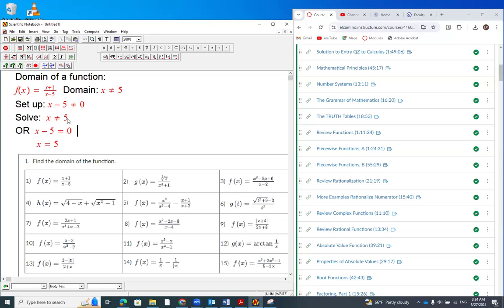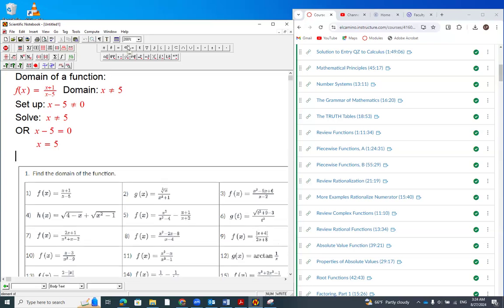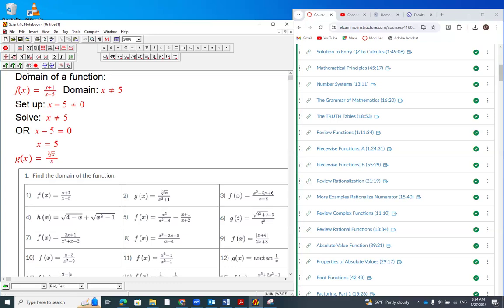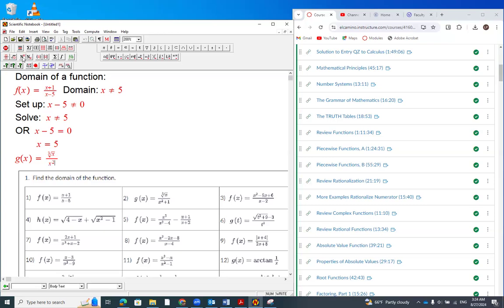All right, so let's look at the second question. The second question is g of x equals the cube root of x over, I believe that's x squared plus 1.